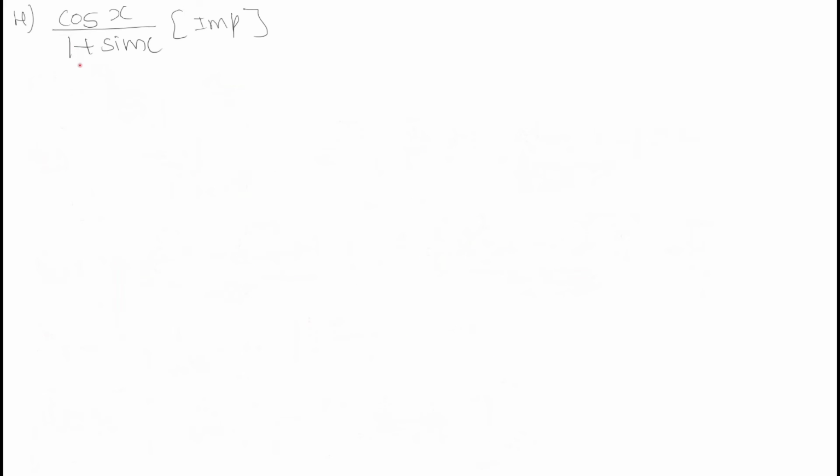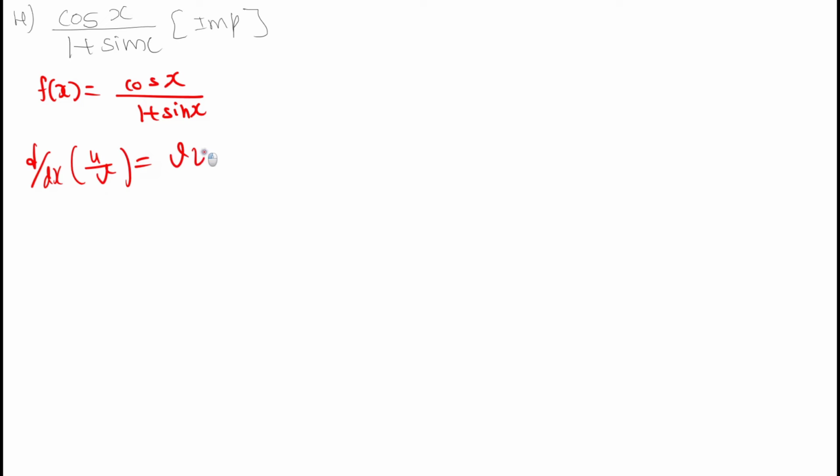Next is derivative of cos x divided by 1 plus sin x. Take f of x is equal to cos x divided by 1 plus sin x. d by dx of u by v is equal to v into u dash minus u into v dash divided by v square.